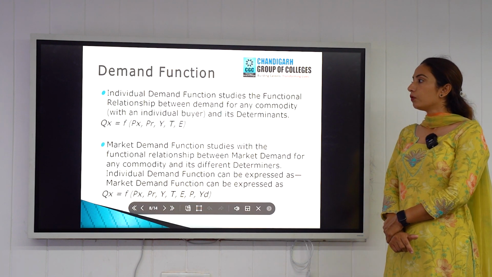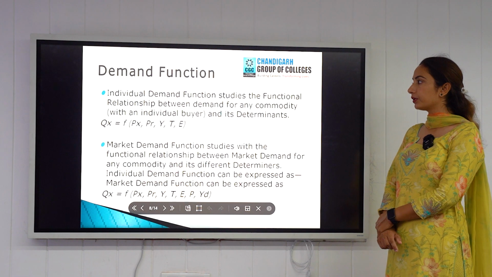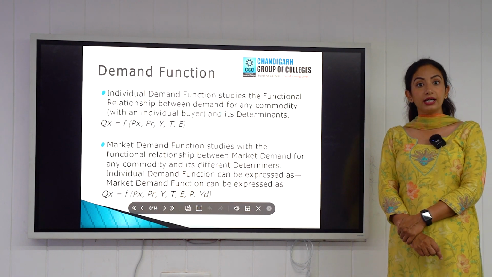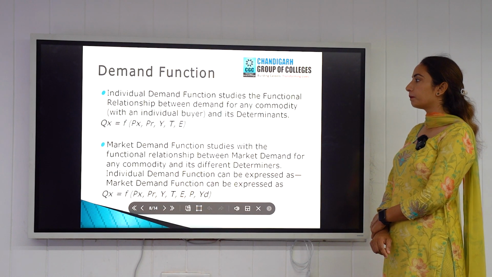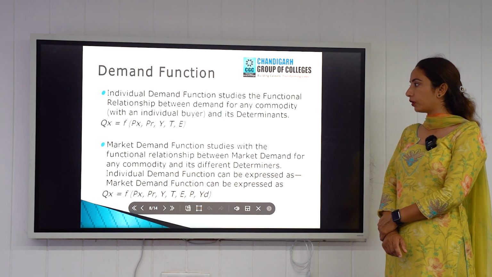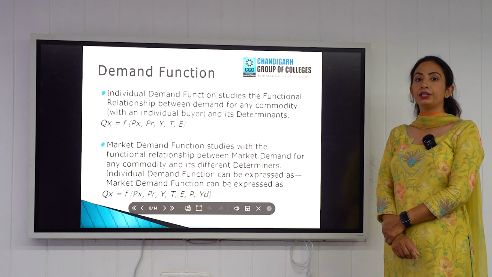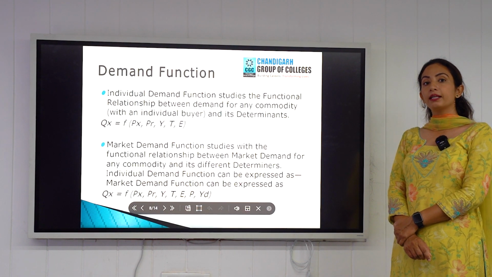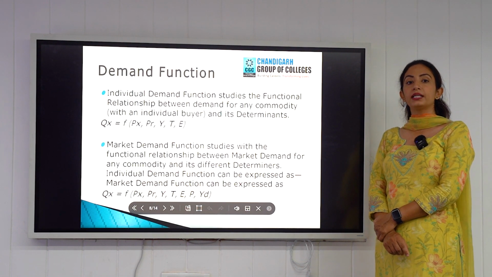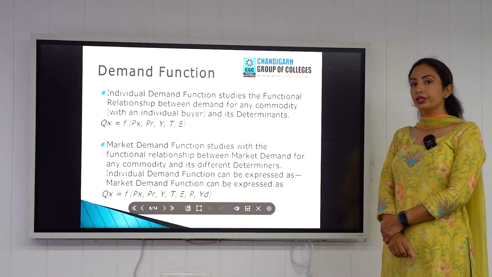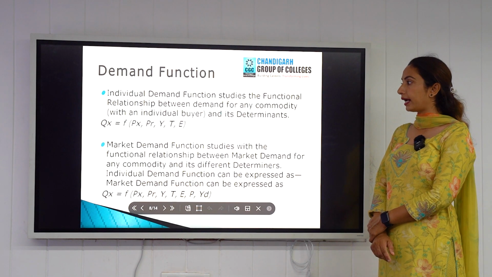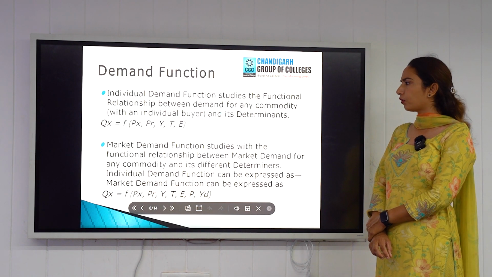Initially we'll start with the individual demand function, which studies the functional relationship of two things: the demand of a particular person regarding a certain commodity, and its determinants. Determinants are the factors that influence the demand of a particular person. In the form of an equation, we'll try to explain both concepts.